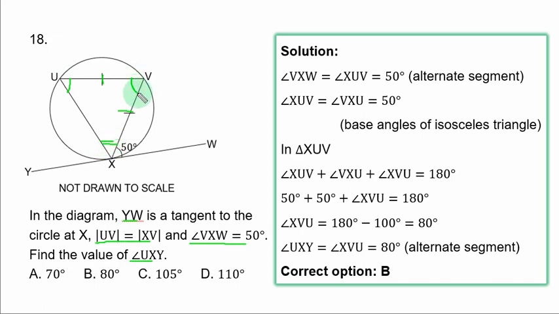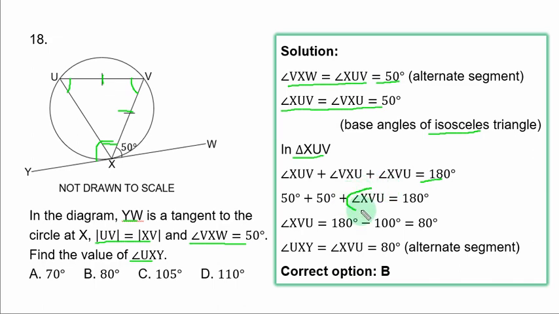Then you get the third angle that is equal to this place, what you are asked to look for, the same alternate angle. Solution: angle VSW is equal to angle SUV and is 50 degrees, alternate segment. Angle SUV equal to angle VSU, the same 50 degrees, base angles of isosceles triangle. In triangle SUV, if you add the three angles, the sum is 180.